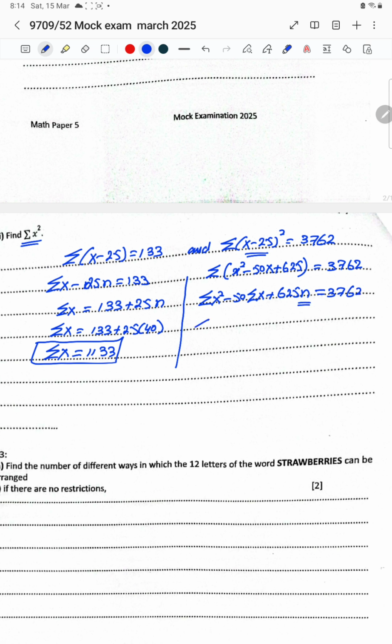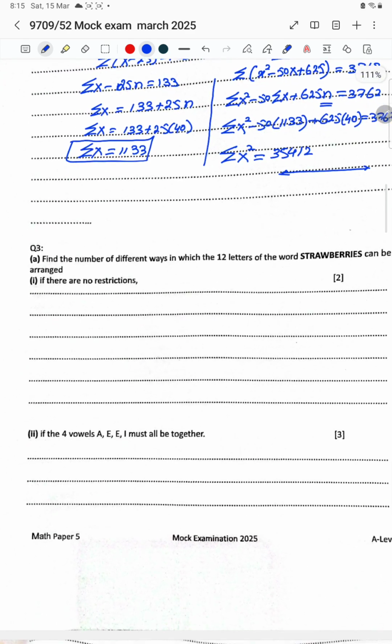Using n as 40 and sigma x we have already calculated, minus 50 times 1133 plus 625 times 40 equal to 3762. Now take all values to the other side and we'll get sigma x square, which you can calculate as 35412. I hope it is clear. There are so many other approaches, as has been discussed in class even. So I did it. I hope it is clear. Let's go with the next question.